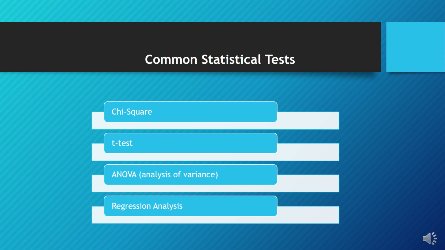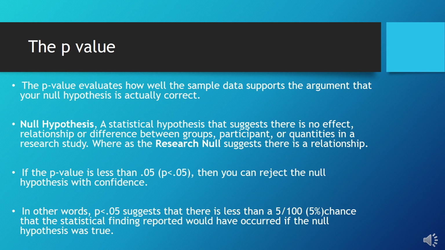Regression analysis is a common multivariate statistical test that simultaneously measures the relationship of several independent variables with a dependent variable. The p-value evaluates how well the sample data supports the argument that your null hypothesis is actually correct.